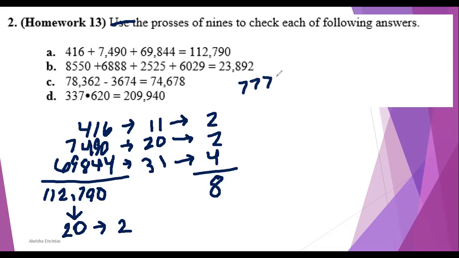So 7 plus 7 is 14, plus 7 is 21, plus 5 is 26. And if you cast out the 9s, you'd get 18. Or you can just add them together again. So 2 plus 6. That's also going to give you 8 as a remainder. Now they match. So now you know that the answer is right.